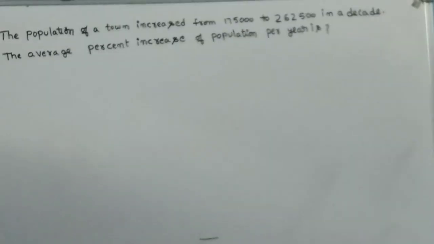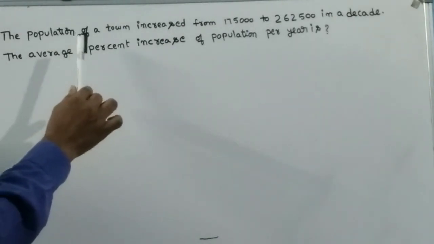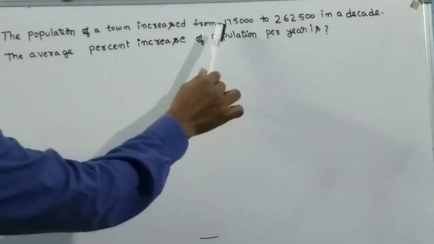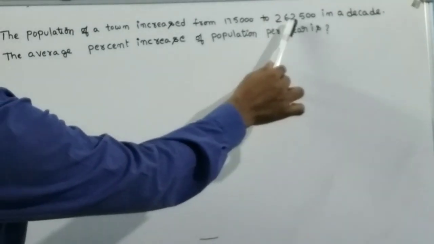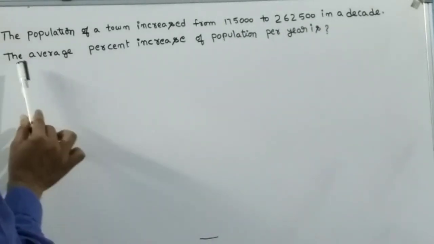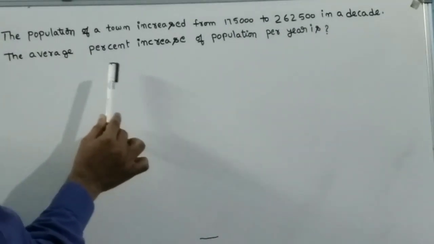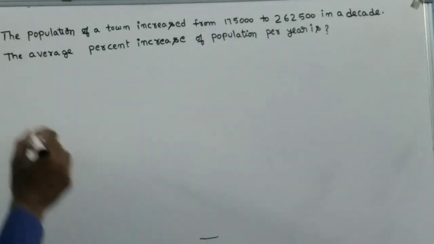See friends, the problem is like this: the population increased from 1,75,000 to 2,62,500 in a decade. What is the average percent increase in population per year?